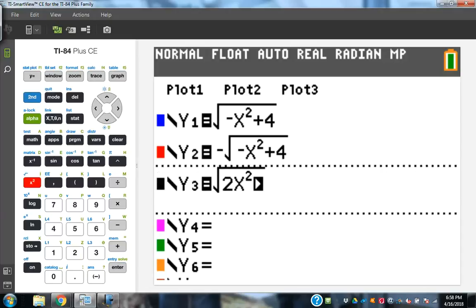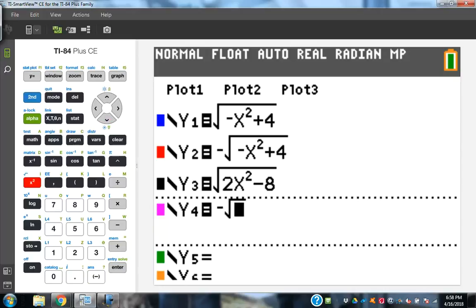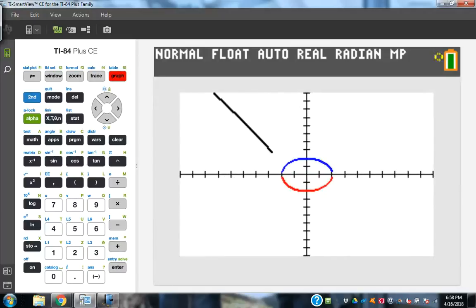And equation 4 is negative square root of 2x squared minus 8. Again, resolution's getting kind of tight right there, and it's hard for it to get that. That's a pretty sharp curve there. It's hard for it to draw it. But we see this coming in right here, and this coming in right here.